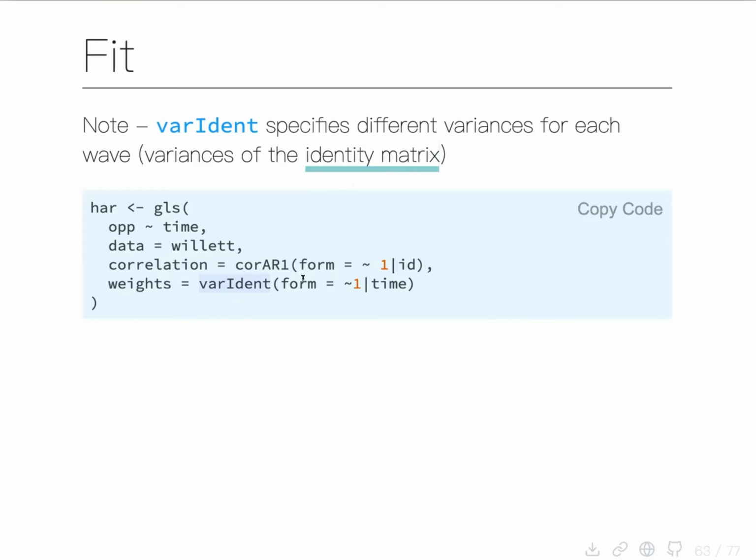But notice here for the form, instead of saying one by ID, we're saying weights. So we're saying different weights for each time point. The form for the AR1 is the intercept by ID, but here we're saying different weights by time.